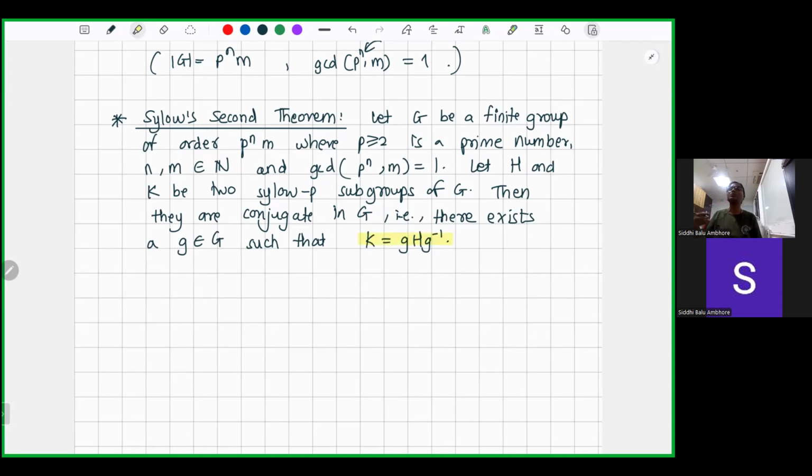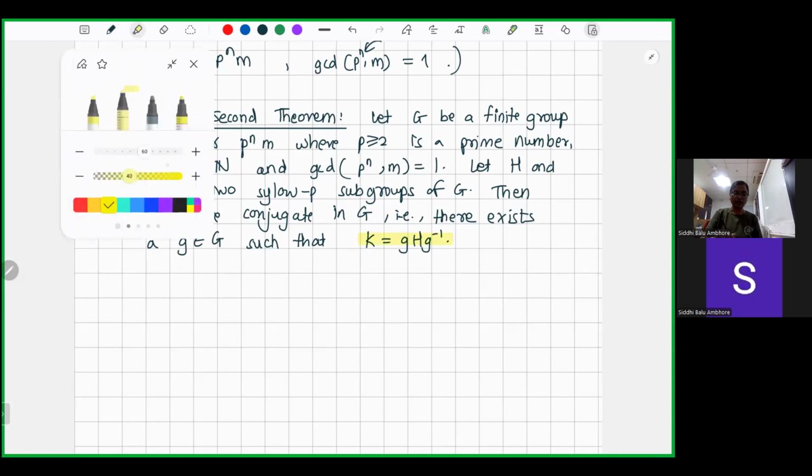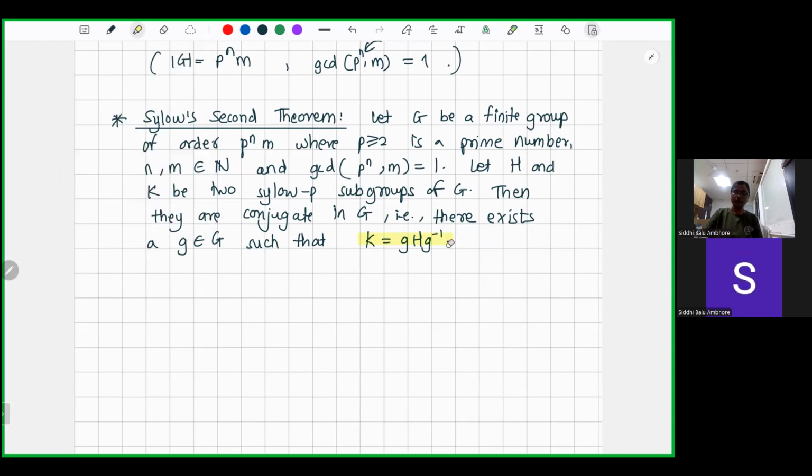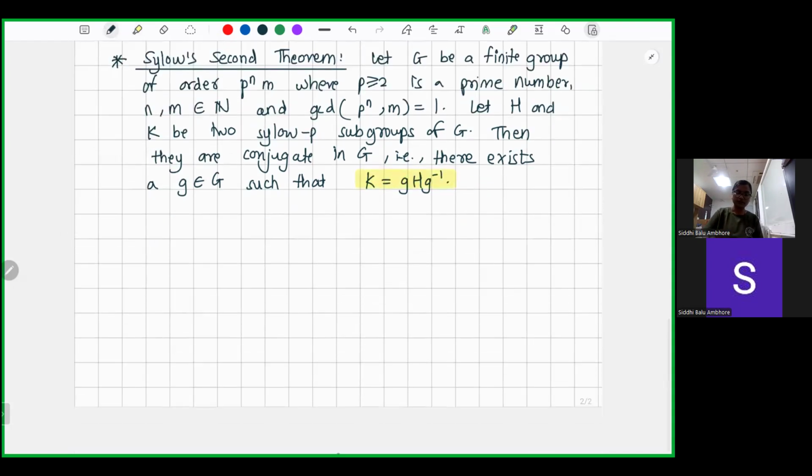If H and K are two Sylow p-subgroups, then K is a conjugate of H, that is, K is gHg inverse for some g in group G. That's what we have in the second statement.